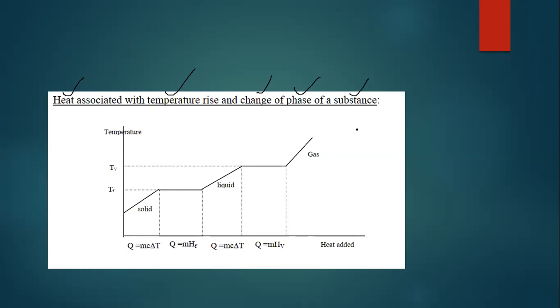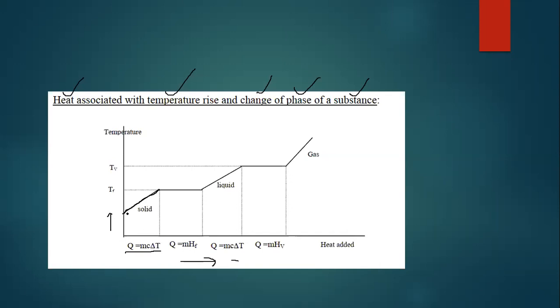All right. So if a substance is in solid state, its temperature will continue increasing when we add heat. Here temperature is changing, and here we use this formula: Q equals mass times the specific heat capacity times the change in temperature.